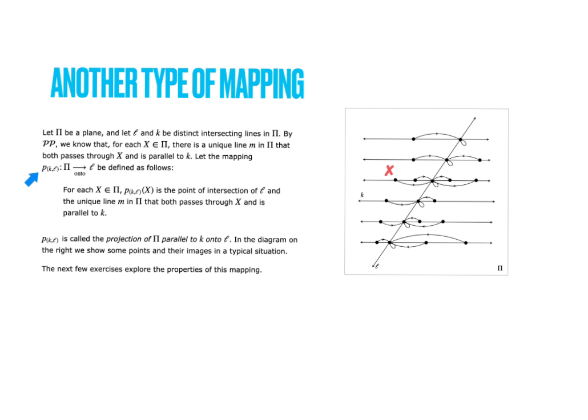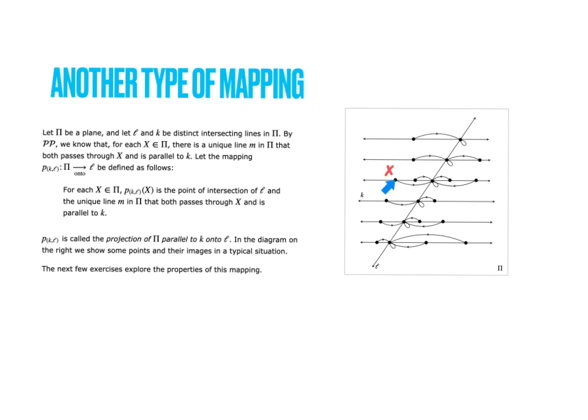Let the mapping P sub K L from pi onto L, so my domain is the plane, my range is L, it's onto L, be defined as follows. For each X in the plane, the image of X is the point of intersection of L and the unique line M in pi that both passes through X and is parallel to K. So let's take a look.